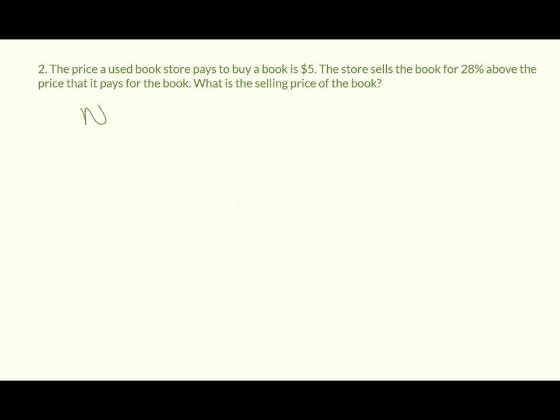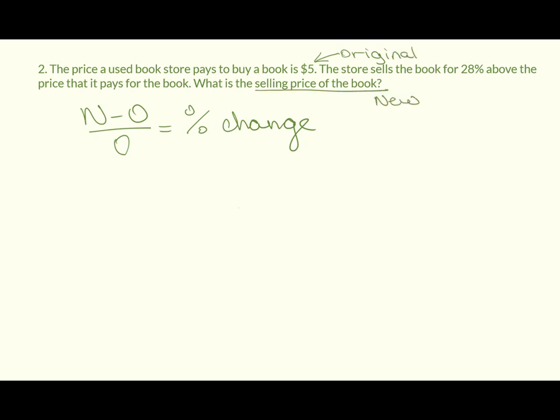Let's keep with the new minus original over original, and that equals the percent change. If they bought the book for $5, that was the original price that they paid for it. The price that they're going to sell the book is the new price.